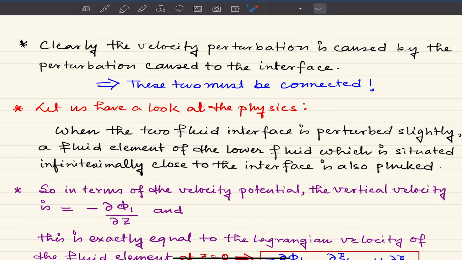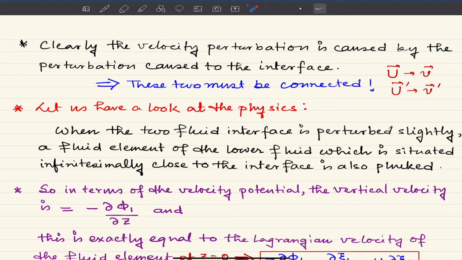So let me repeat the sentence. The velocity of the fluid below the interface becomes from u to v, and for the fluid above the interface becomes u prime to v prime. And that is because the perturbation has been caused to the interface. So these two must be connected, and that is the key of the whole treatment.